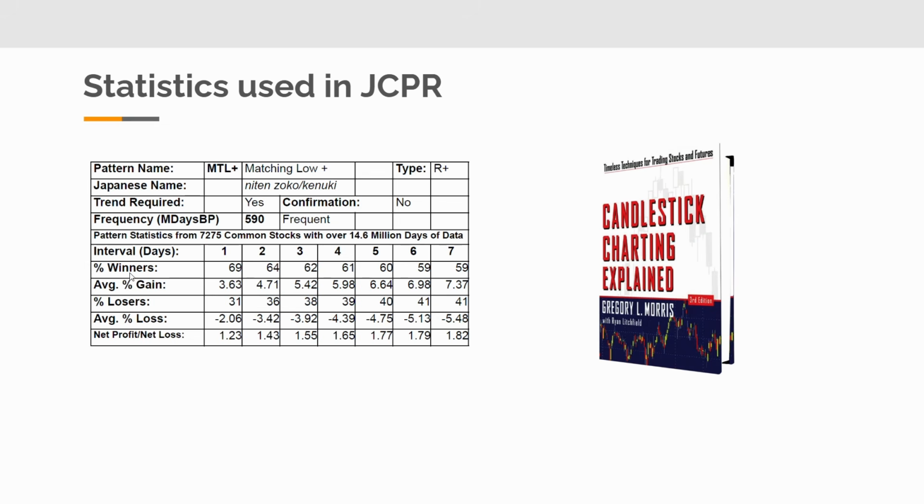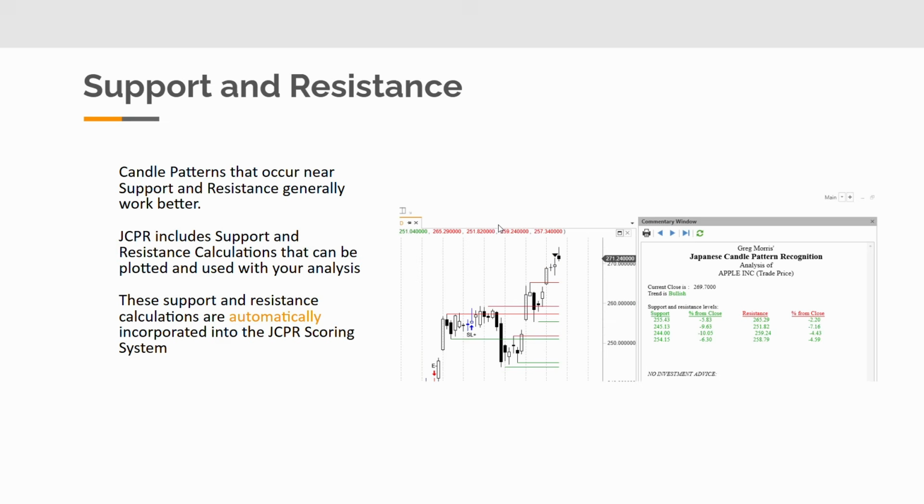So you'll see he'll have a pattern name, a type, the Japanese name, whether a trend is required to go along with the pattern, whether it requires a confirmation, and then he'll look at how many times it won, how many times it lost, and give an average net profit or loss, and do all this analysis in the background. So when you get it, it's doing all this analysis and popping it out. So you can see pattern statistics from 7,275 common stocks with over 14.6 million days of data and how it performs. So it kicks out a lot of information for you.